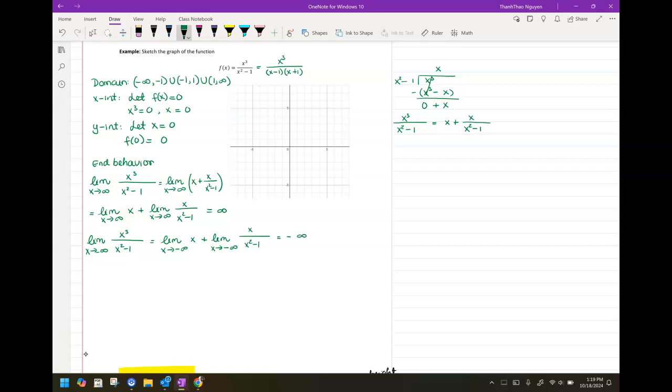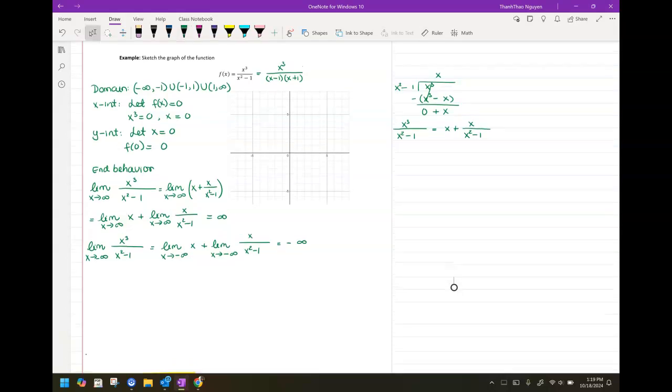Again, this equals negative infinity. Now recall we did the long division because the degree of the numerator is greater than the degree of the denominator, and we got this portion x. So this is our slant asymptote. So here f of x has the slant asymptote y equals x.